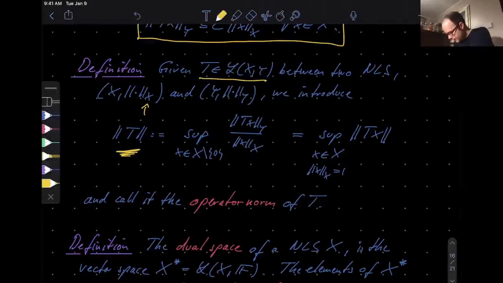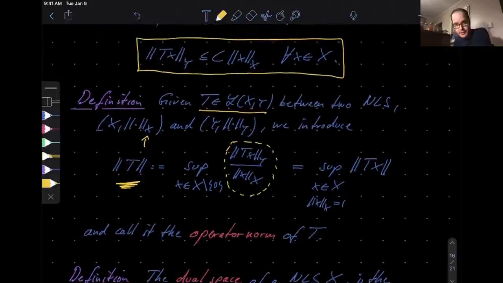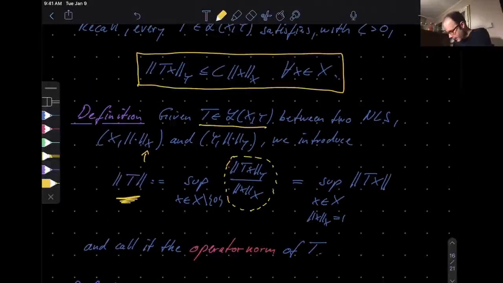You look at this ratio, t of x in norm in the y space over the norm of x. Notice, since t is a bounded linear transformation, by the yellow box up there this is a finite quantity, because for any vector x in the normed linear space capital X, this is at most c. We're not dealing here with infinitely large quantities.